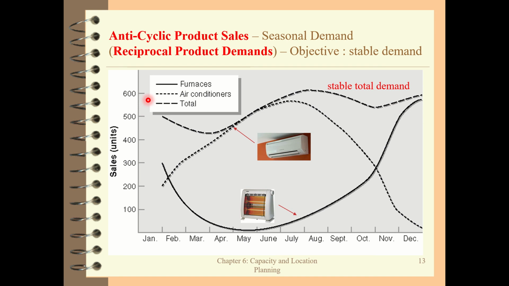In that case, you need to find a reciprocal product demand, or anti-cyclic product, to work together so that the total production facility could be used constantly.